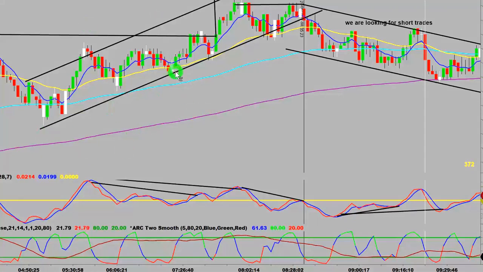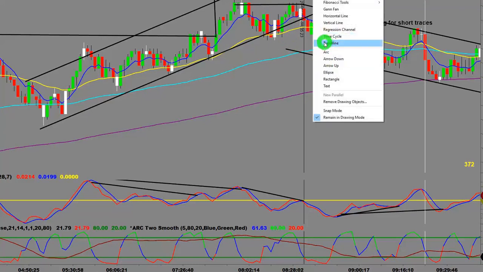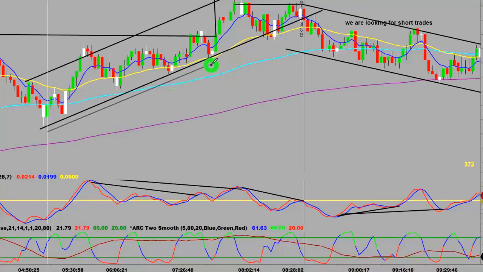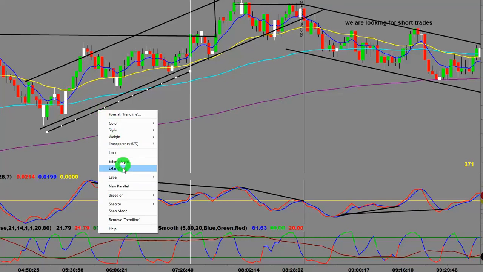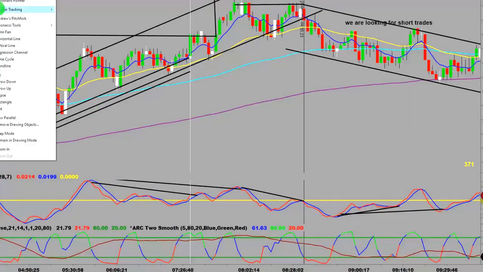I'm looking for at least 2 touch points here, so I'll simply do this. What I'm going to do is not make it exact, so you can see exactly what I do. So here is a couple of touch points that I've got, there to there. I will then draw a parallel line, and let me just make sure that I've got this disabled.